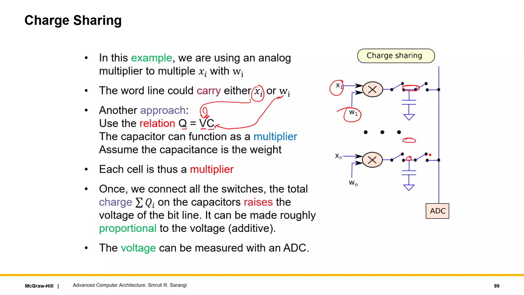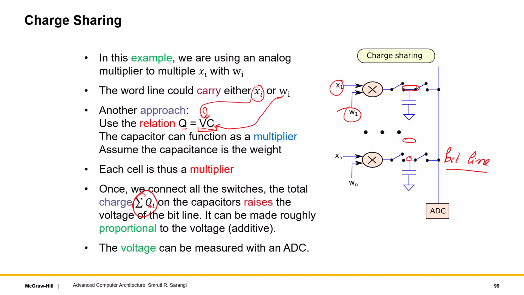And it is going to raise the voltage of this common line over here. Let us refer to this as the bit line, same as memory. It will raise the voltage of the common line based on the total amount of charge. So there is a summation operation over here, which is basically a sum of products. This is a product, this is a sum of products. The voltage is roughly proportional to the additive sum.